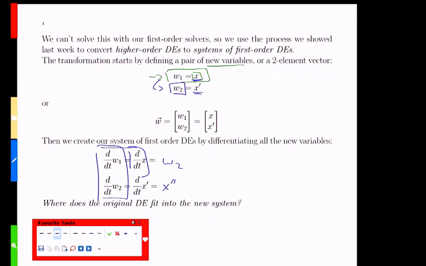The derivative of the second variable, well, the second variable is already x prime. We're going to take the derivative again, and we're going to get x double prime. This is where our F equals ma comes in. We already said that x double prime for a spring system would be minus k over m x, or minus k over m W1. So our original differential equation, which was x double prime equals, is going right in here.